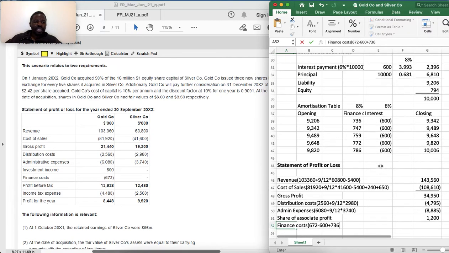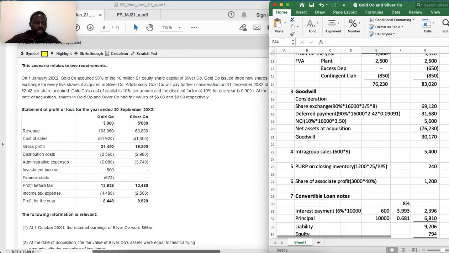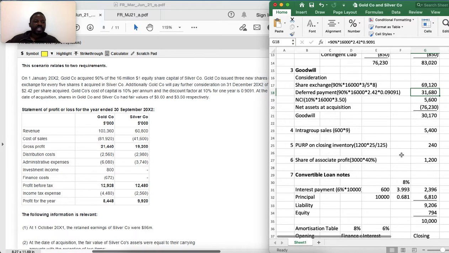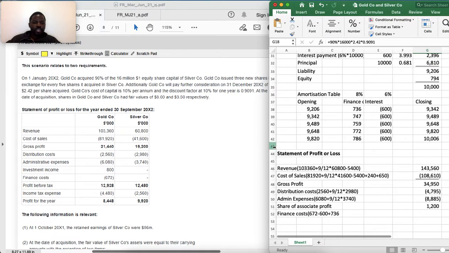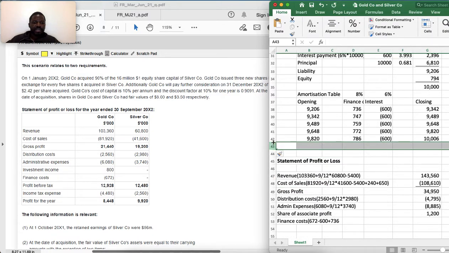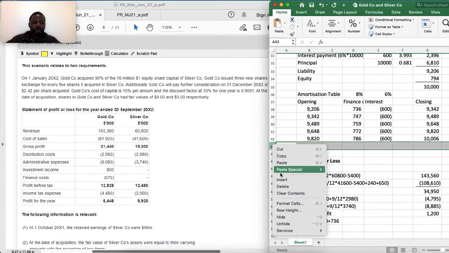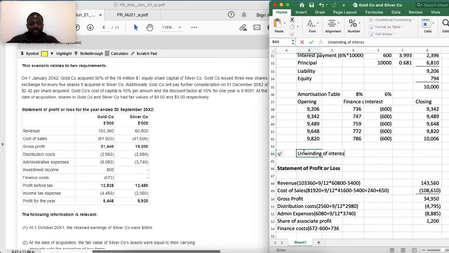So now let's pause from here and try to unwind this deferred payment. So we can put it here. I'll insert some few columns here. Unwinding of interest.